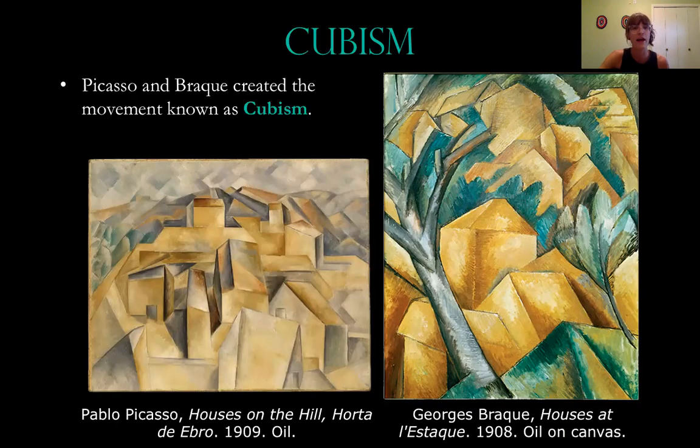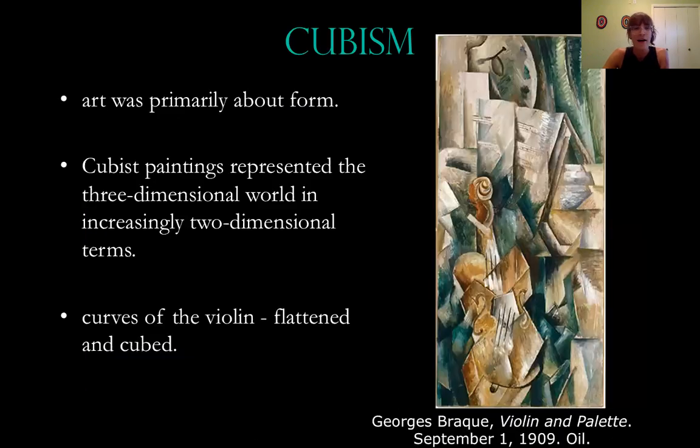And this is where we have a movement that we now call Cubism, another one of those isms that comes right at the turn of modernism, at the turn of the 1900s. As I've said, art was primarily about form, right? Not reality, but form and elementary forms that everything's made up of. Cubist paintings represented the three-dimensional world in an increasingly two-dimensional space.